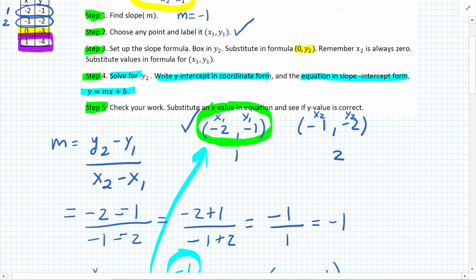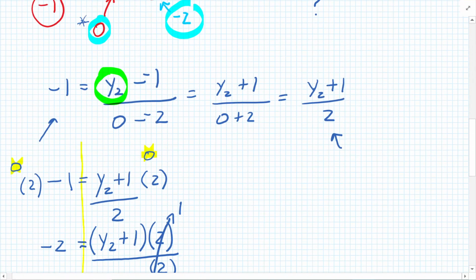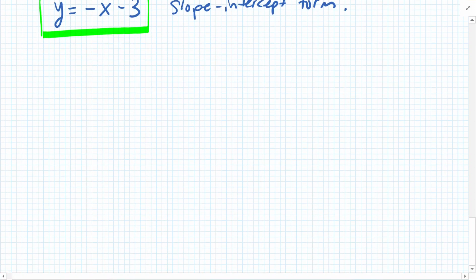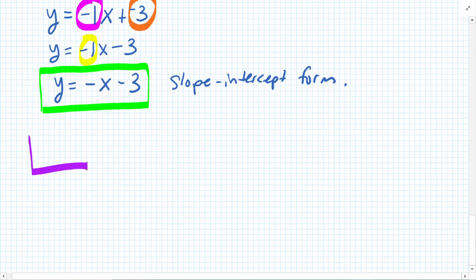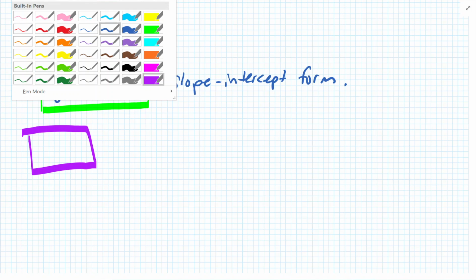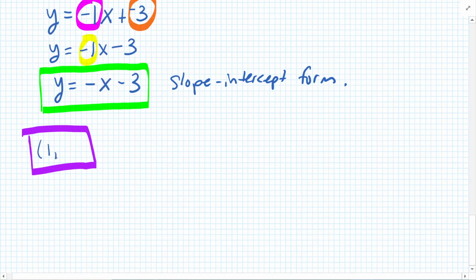If you look right there, we have a point 1, -4 in purple. Let's bring that down here to the bottom. -4. And we're going to test our equation we wrote with this point. We know the first term is an x value. We know the second term is a y value.